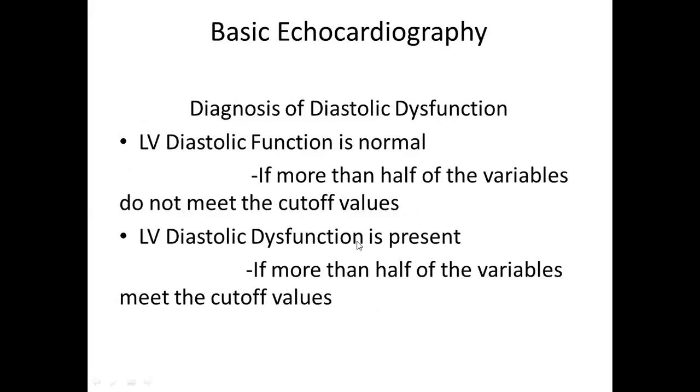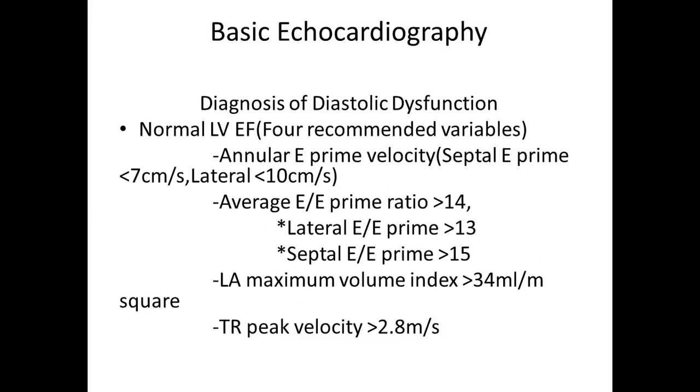So if LV diastolic dysfunction is present, then more than half of the variables meet the cutoff. So that means 3 or more. So if 3 or more meet the cutoff variables, then there is diastolic dysfunction. If that does not happen, the patient does not have diastolic dysfunction. So these are the variables that you're looking at.